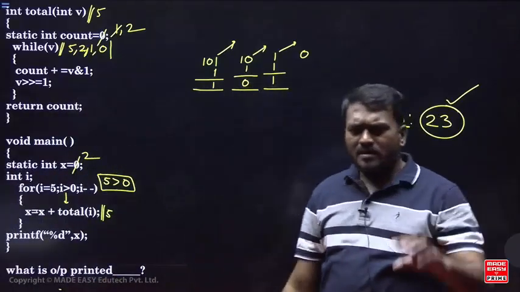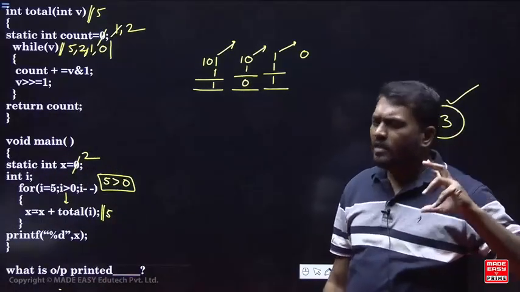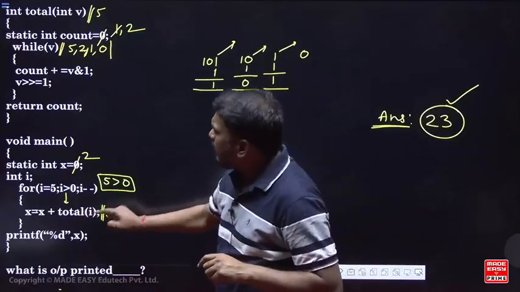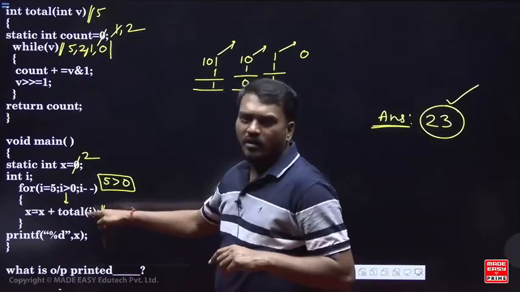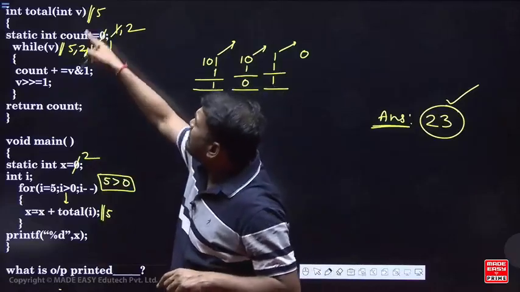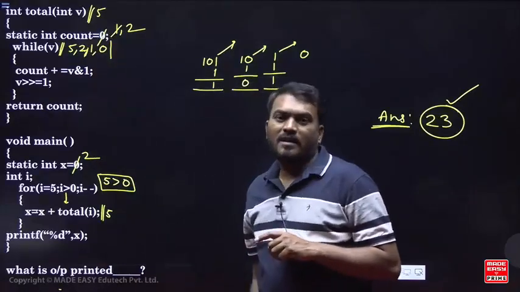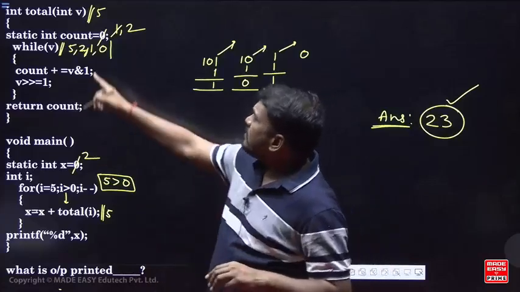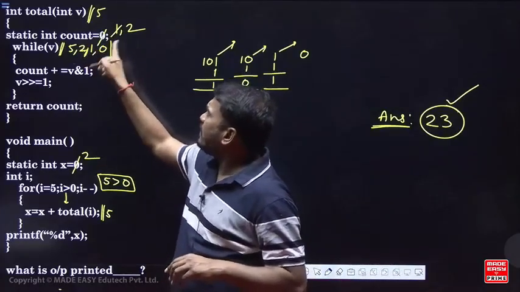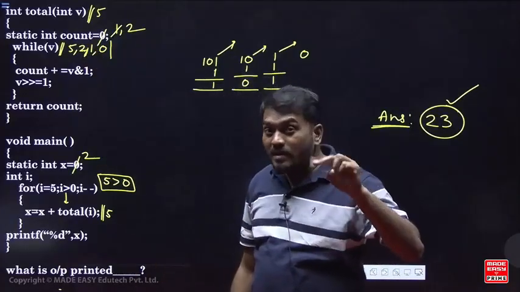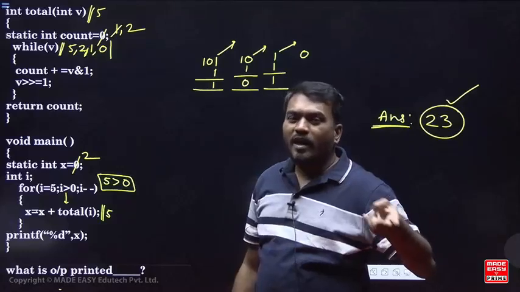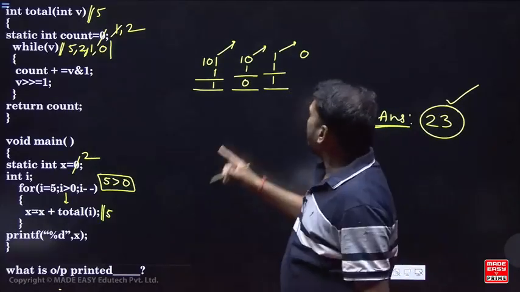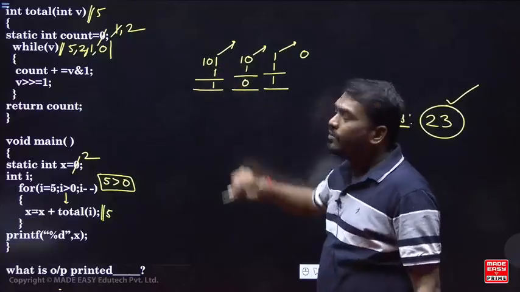Now remember, just observe the meaning. What have you passed? We have passed which value? 5. When you pass 5, what did it return? It returned 2. Actually you passed 5, the binary value, and this total function is returning 2. What is it doing? 5 means, in the 5 how many ones are there? 2 ones are there.